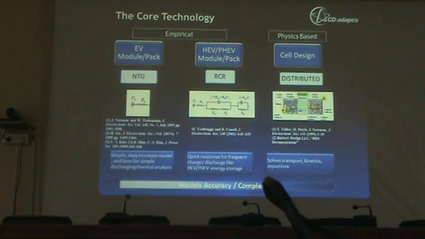So if you have only test data and you want to run some kind of analysis based on that, you use equivalent circuit models. You try to fit that particular battery using some circuits. It will be a regression problem. You try to identify a set of parameters like time constants or resistances for a circuit. You try to mimic the battery or a cell as a circuit.